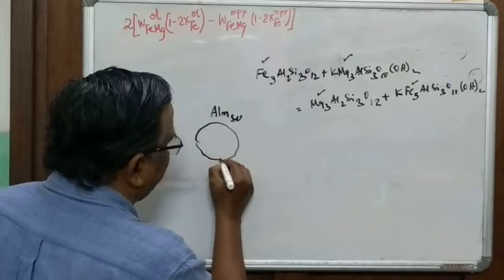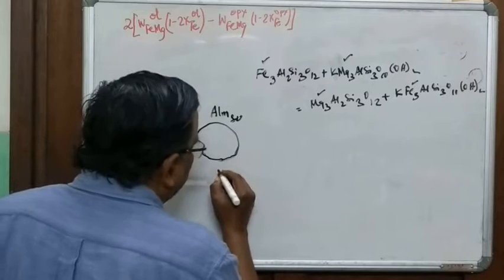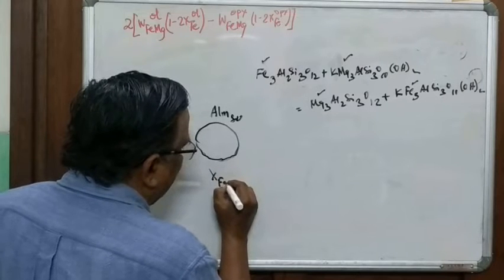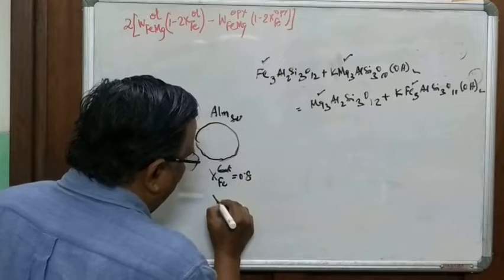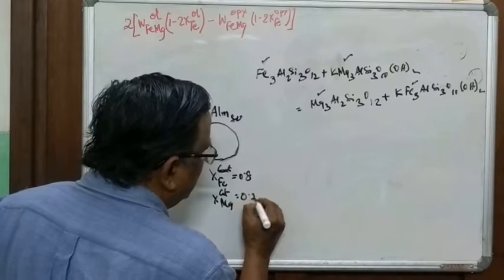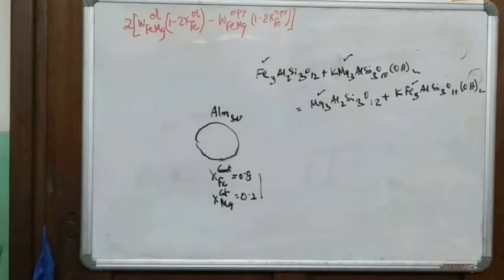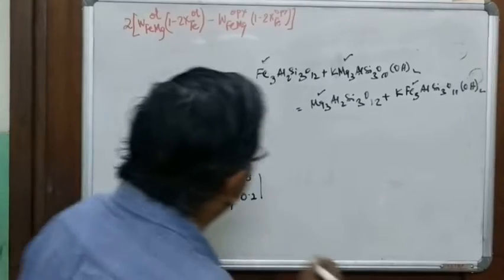That means XFe garnet is equal to 0.8 and XMg garnet is 0.2, both adding up to 1.0. They synthesized a garnet, and this garnet was quite large.